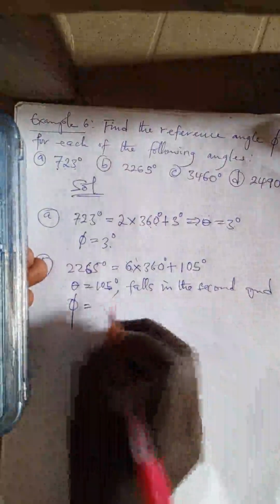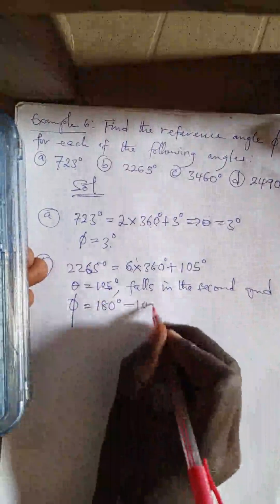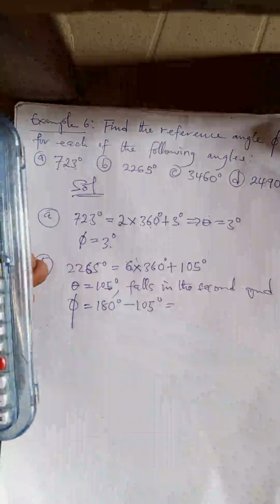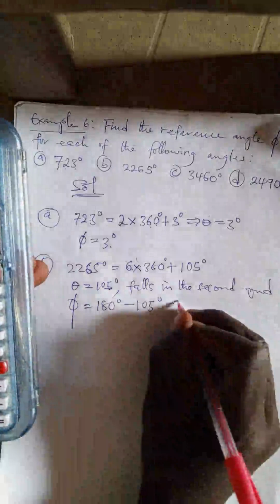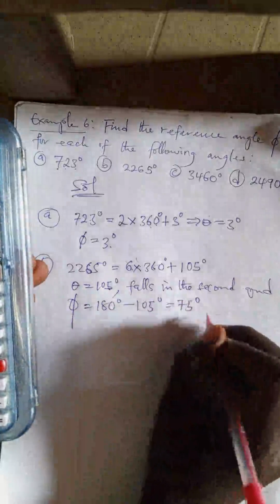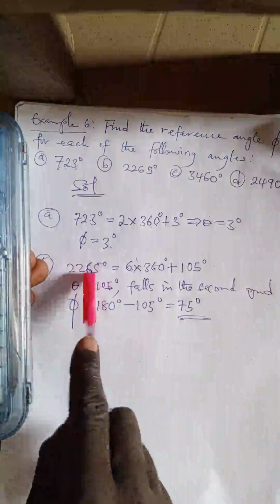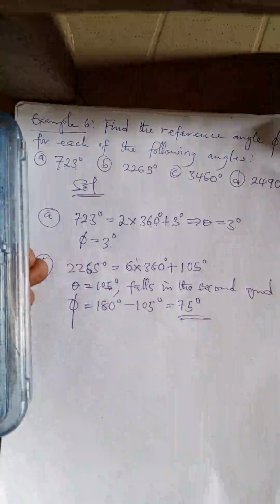Therefore, phi is equals to 180 degrees minus theta, and theta is just 105 degrees. So 180 minus 105, I think this is 75 degrees. So the reference angle for 2265 degrees is equals to 75 degrees.